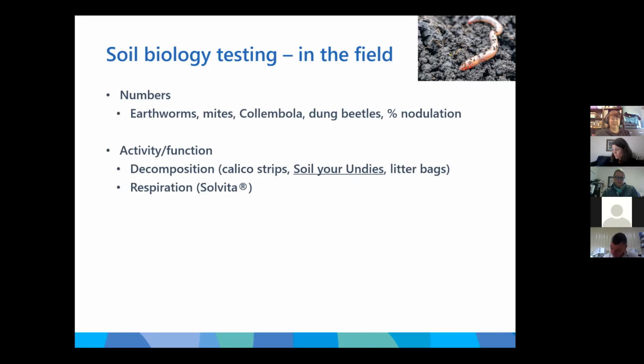And then it is brought out and you can see decomposition where there are great big holes. You can see patterns on the calico which have fungi and also all sorts of activity on it. Related to that is a global program called Soil Your Undies.